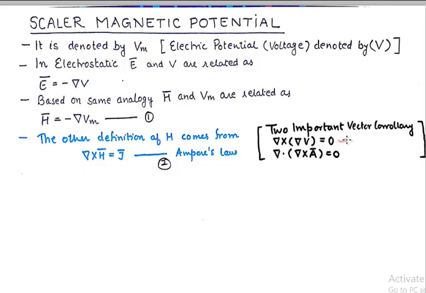So I repeat this statement: curl of gradient of a scalar is always 0, and divergence of curl of a vector is also 0. You need to remember these two important corollaries because we are going to use them in a bit.